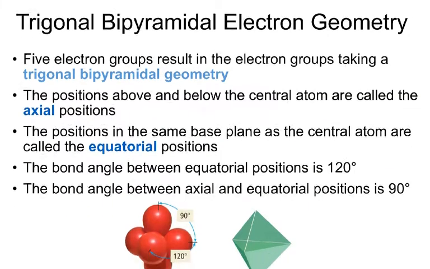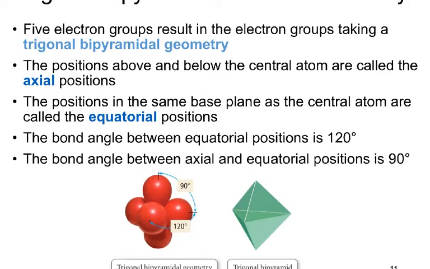For 5 groups, they don't spread out exactly evenly. There are 2 kinds of positions. The first position is above and below the central atom, and then there are 3 positions surrounding the atom. Those are called axial positions. The top and bottom are axial.